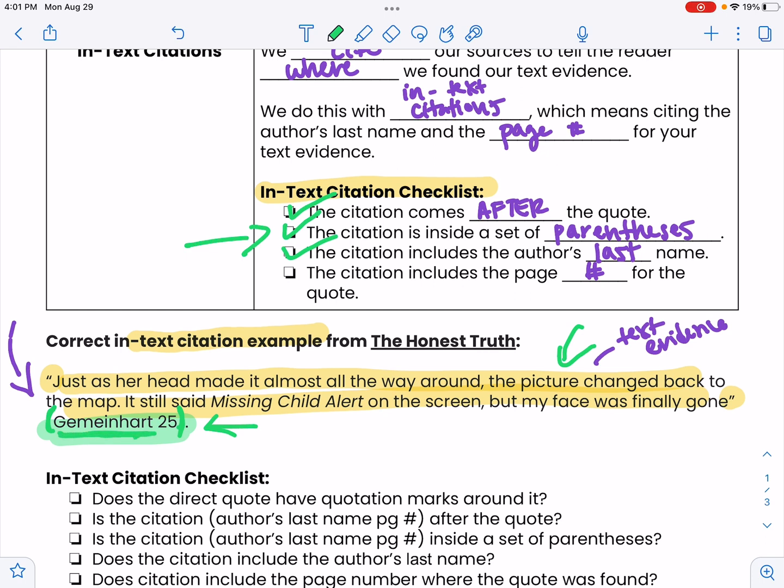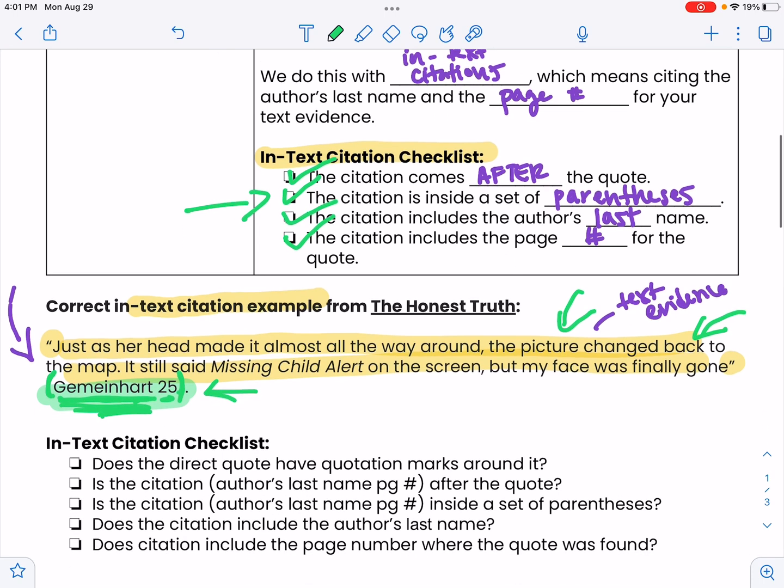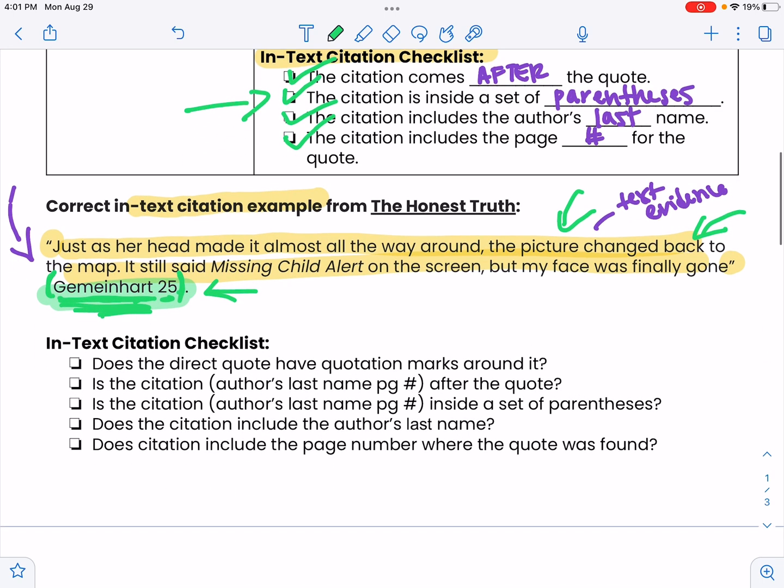That's his last name. And then the page number where we got this quote, which is 25. So this quote is text evidence, and this is our in-text citation where we found our evidence. This is just another checklist for you guys.